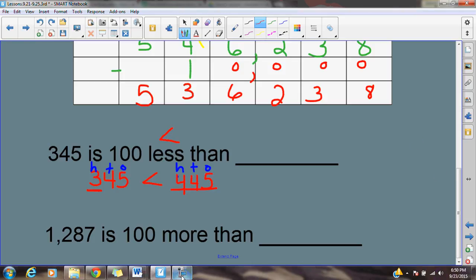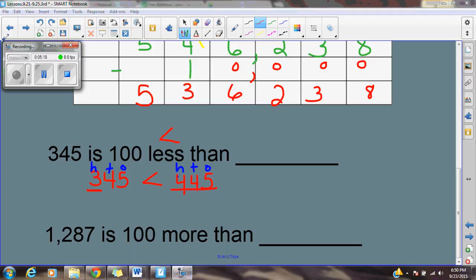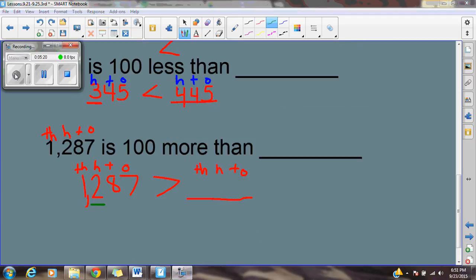On the same token, we have another problem here. We have 1,287 is 100 more than. So I use the symbol for greater than to figure this out. I have 1,200s, 8 tens, and 7 ones. And it says I'm supposed to find a number that is less than this, or tell what this is more than.